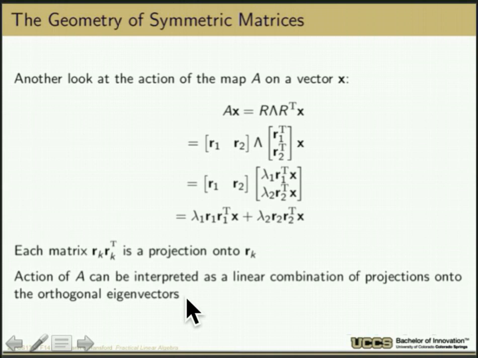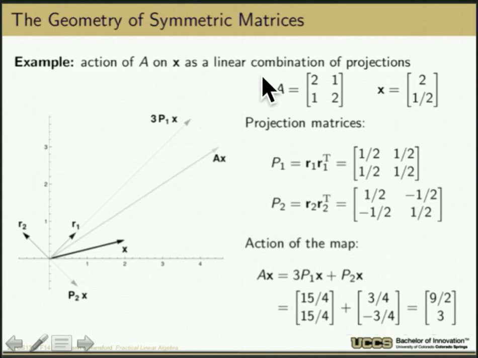So when you look at this, you can just sort of say, oh, look, here are the eigenvectors. I'm going to do everything as a projection onto those. Put that into a numeric example. Going back to our 2, 1, 1, 2 example, if I take some value x equals 1/2, 1/2, we can look at what the two projection matrices are. R1 R1 transpose is all 1/2s.